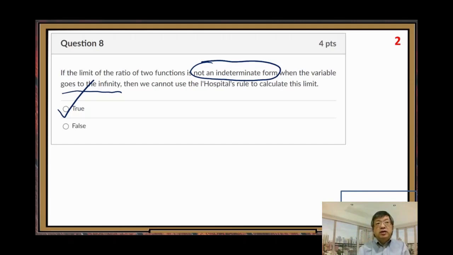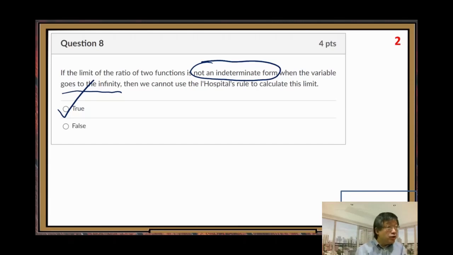So for this point, some students may forget this checking step. It is pretty common. Many students can only memorize the L'Hôpital rule, the limit of the ratio of two functions equals the limit of the ratio of their derivatives. They just memorize that formula.